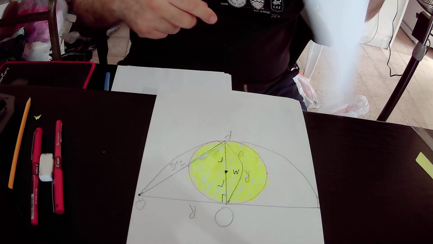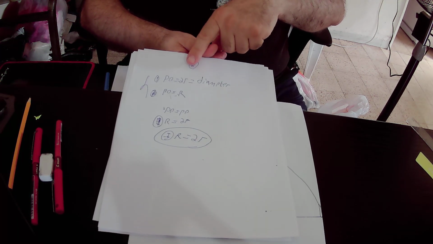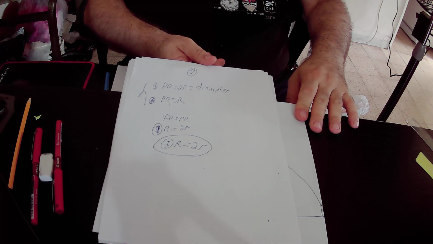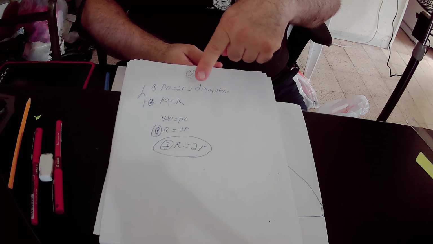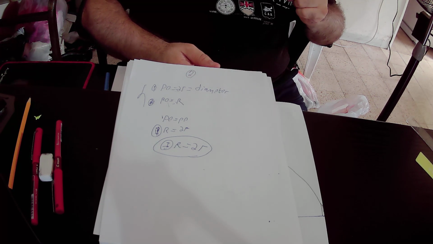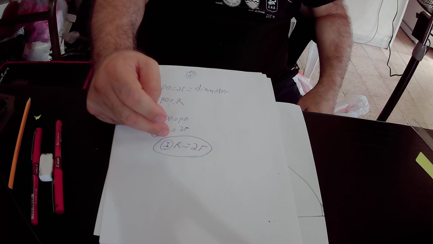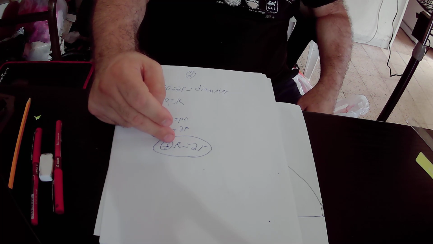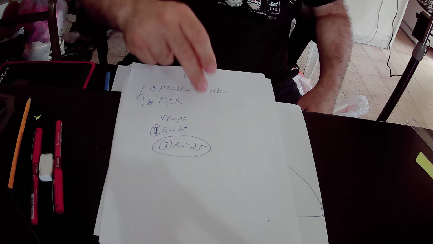So for one side we have PO that equals 2 radii of the yellow circle, but from the other side we know that PO also equals the radius of the semicircle. So we can deduce from it that the radius of the semicircle equals 2 times the radius of the yellow circle.